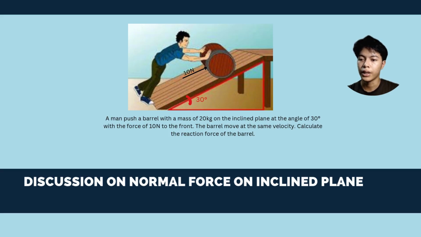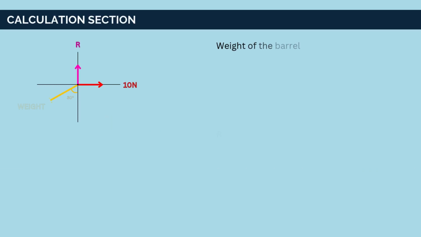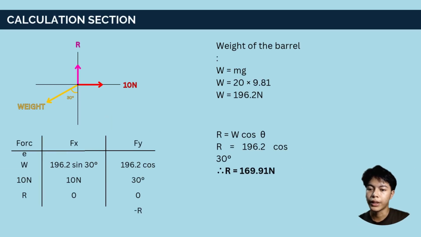That's because the weight is now acting diagonally and we have to break it into components. One acts down the slope and one acts into the slope, which is the part balanced by the normal force. To solve this, we first find the weight of the barrel. W equals 20 times 9.8 equals 196.2 newtons.